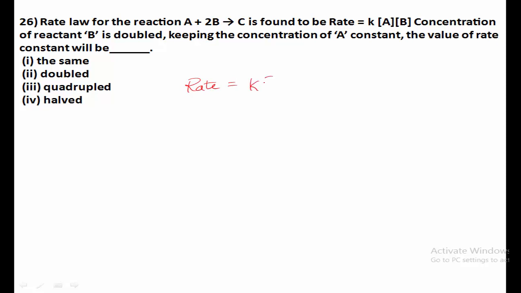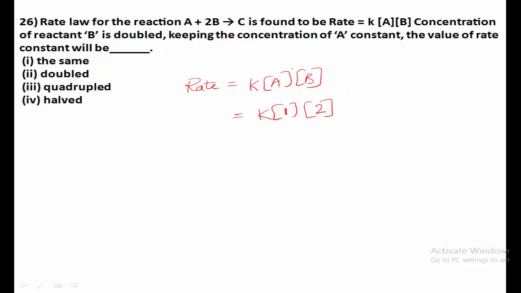Rate is equal to K into A into B. Now when concentration of reactant B is doubled, keeping A constant, that means consider it as 1, and B is doubled, then what happens?